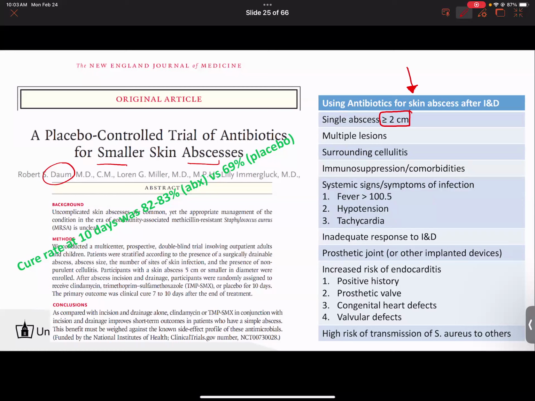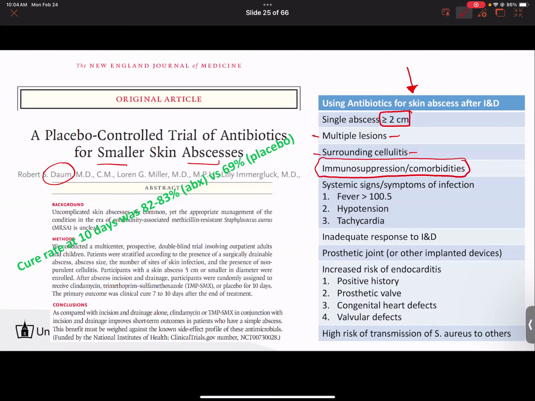Cut, drain, and then give antibiotics. If you have multiple lesions, definitely give antibiotics. If the area is marked with cellulitis, so you have your lesion, you have erythema, but then you have diffuse erythema around that, which is referred to as cellulitis, that's a good indication for doing antibiotics after the incision and drainage.